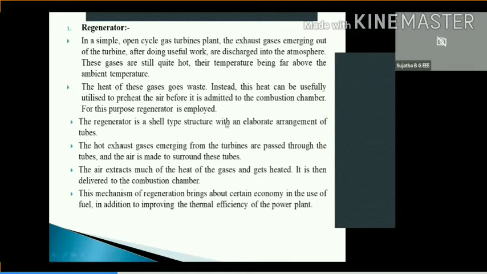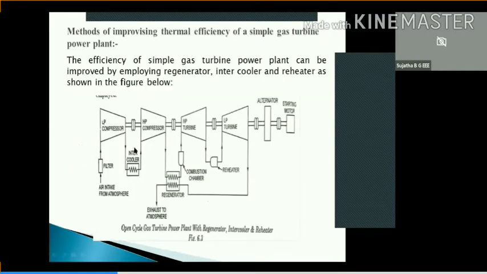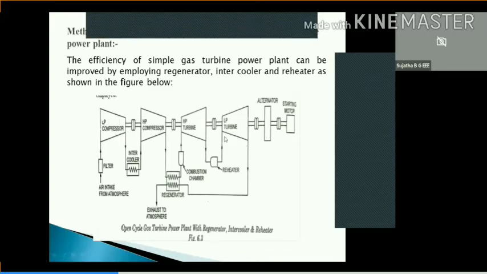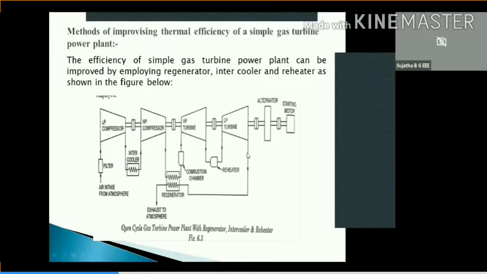Now come back to the original diagram. See here, we have the hot gases coming out of the turbine after doing the work. Hot gases coming out of the turbine carry a large amount of heat. Instead of directly exhausting into the atmosphere, some amount of heat can be extracted and supplied to the combustion chamber.